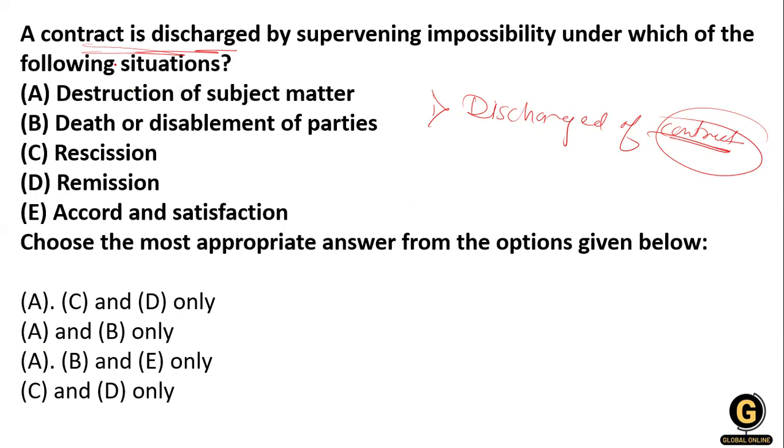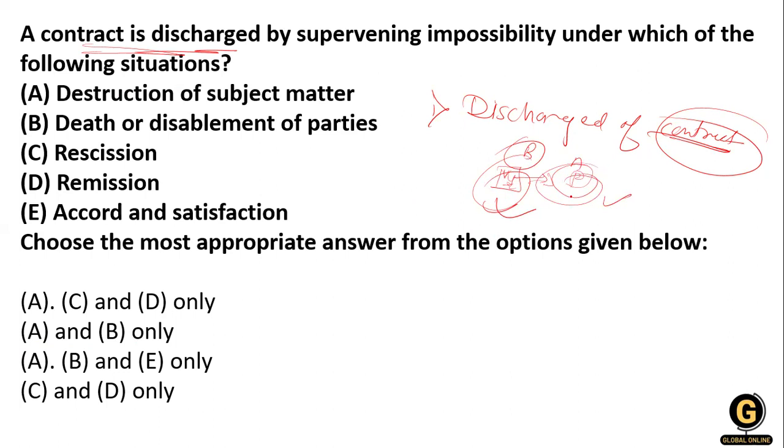Discharge by supervening impossibility: when the subject matter is destroyed, or the death or disability of a party, or the non-existence or non-occurrence of a particular state of things. What is a particular state of things? If they decided that if the mangoes grow in the farm, a person can purchase that mango from B, but the mango is not growing in that farm, then he will not be bound to that contract.